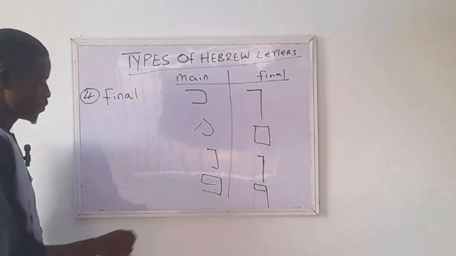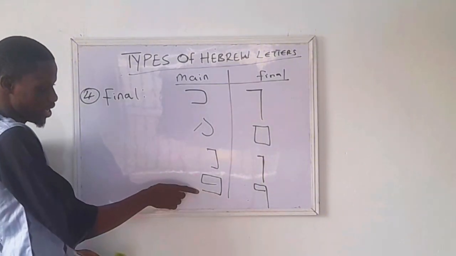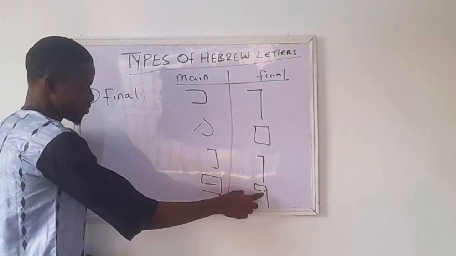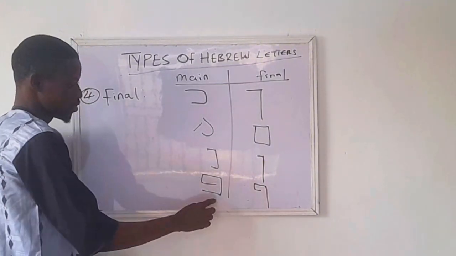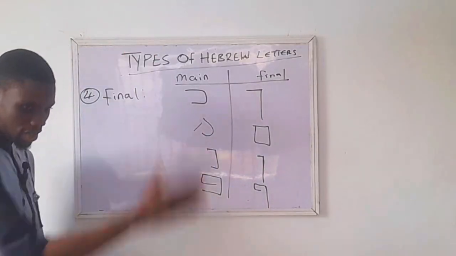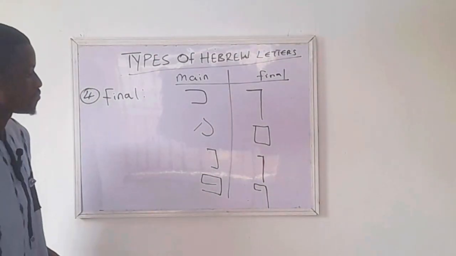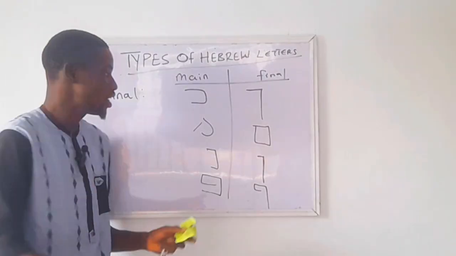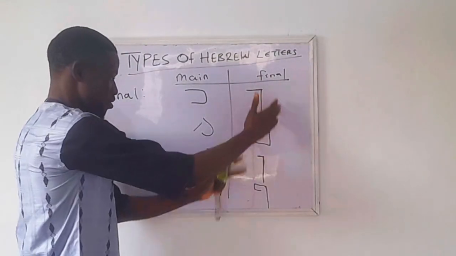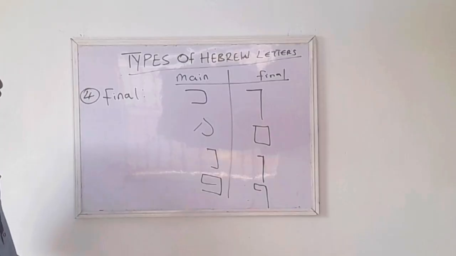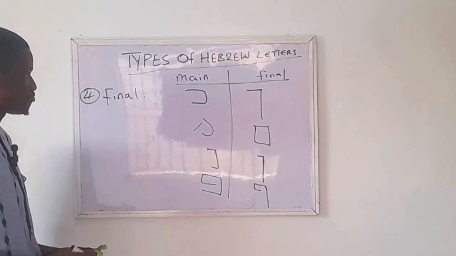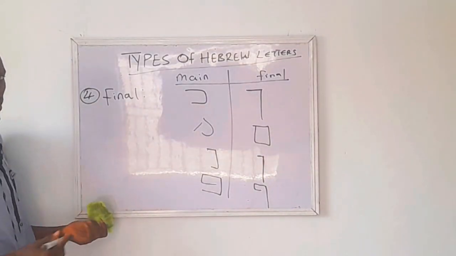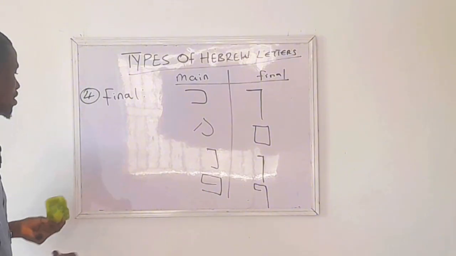You know, this side that came up now comes down. Just make it longer. It's still pe. This is pe. This is final pe when it appears at the end, only at the end though, of a word. That's what we call final form. Then the last one, let me just write it here. The number 5 is tsade.